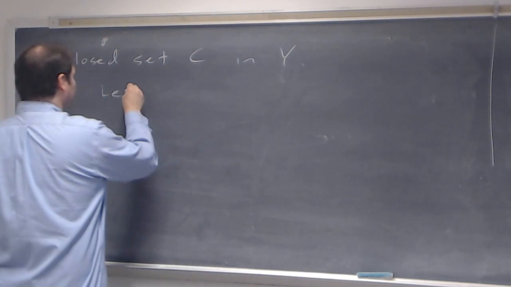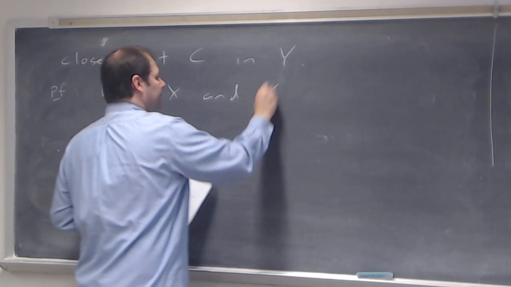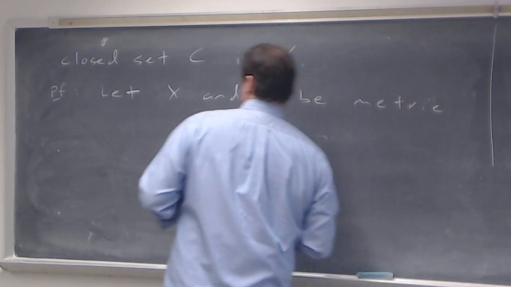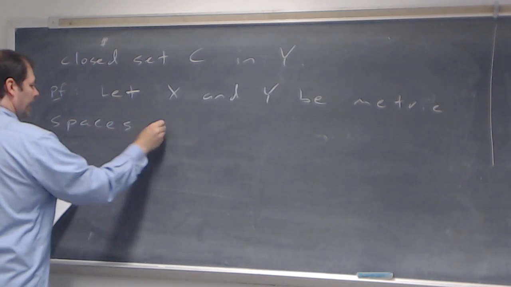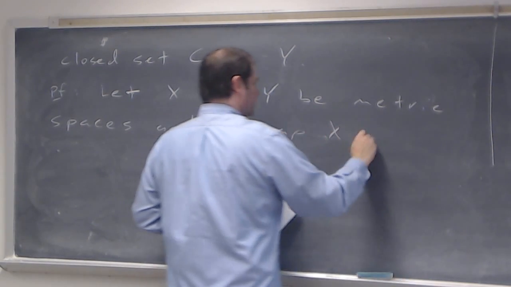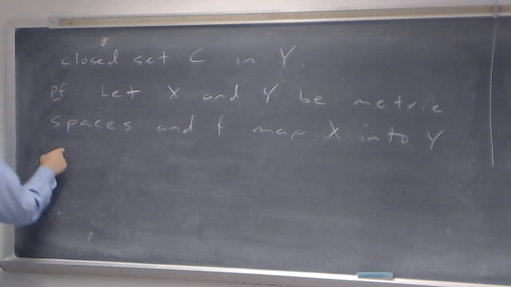So we're going to let X and Y be metric spaces, and f map X into Y. Okay, this was an if and only if statement, so we have two directions to do.